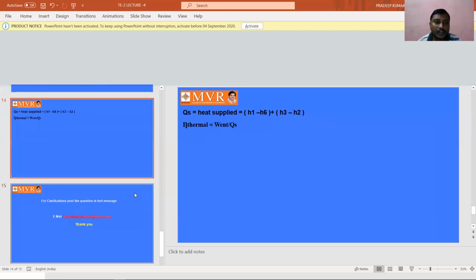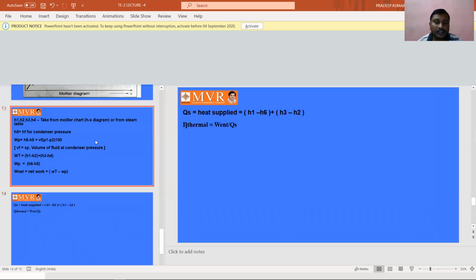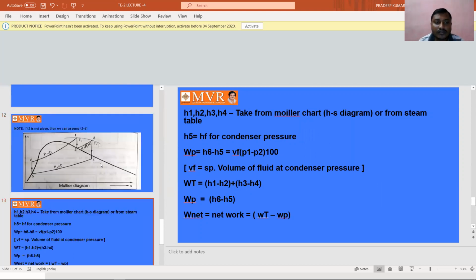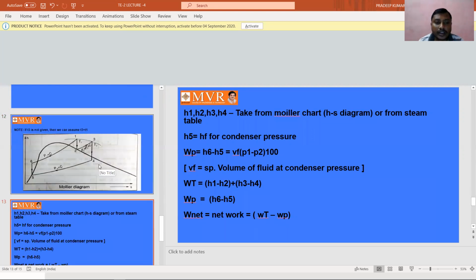And coming here, we have equations for this. H1, H2, H3, H4 are the enthalpies taken from the Mollier chart, the HS diagram, or the steam table. H5 is equal to hf at condenser pressure.